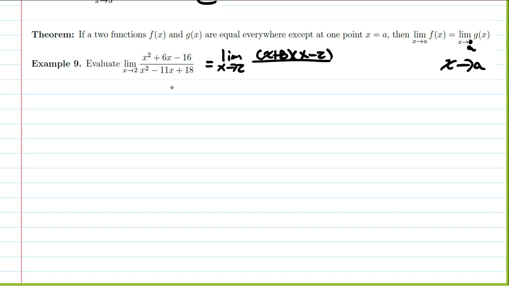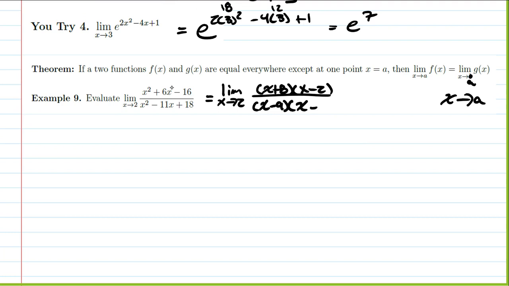And in the denominator, we need factors of 18 that are going to give us negative 11. So that's negative 9 and negative 2. And then we'll notice at negative 2, those two things drop out. And that's where we're actually taking our limit.